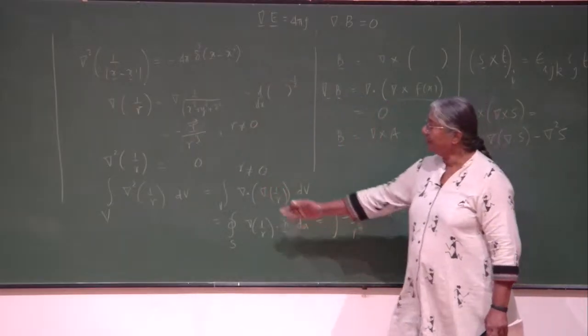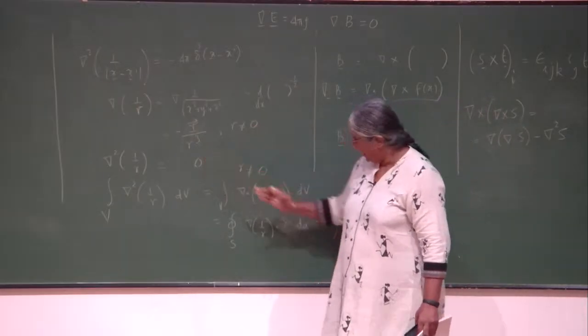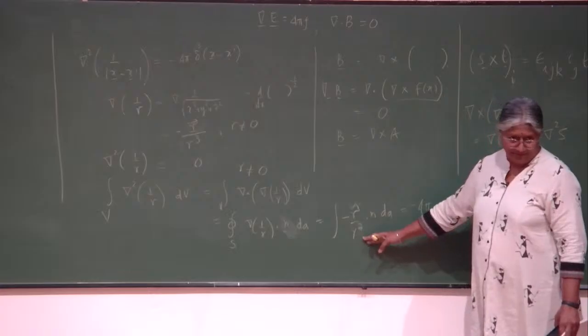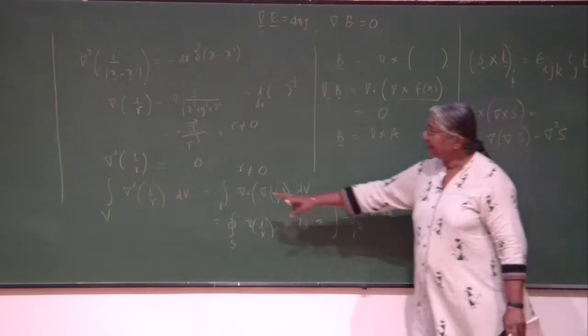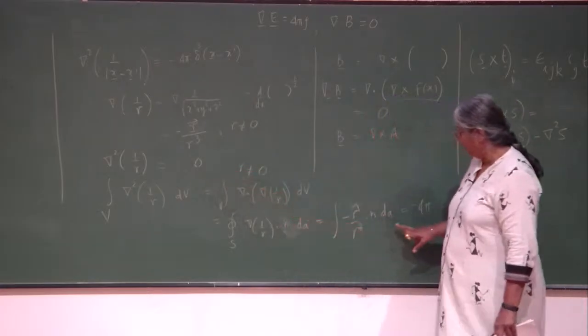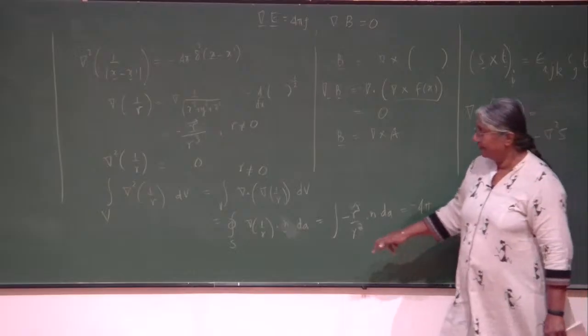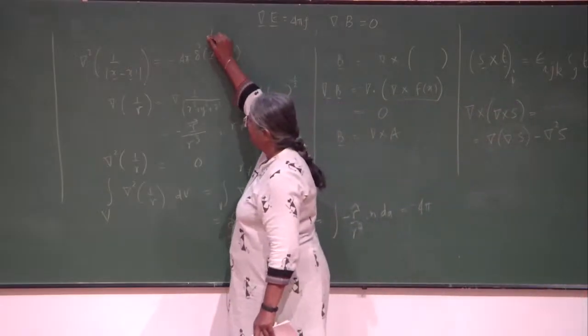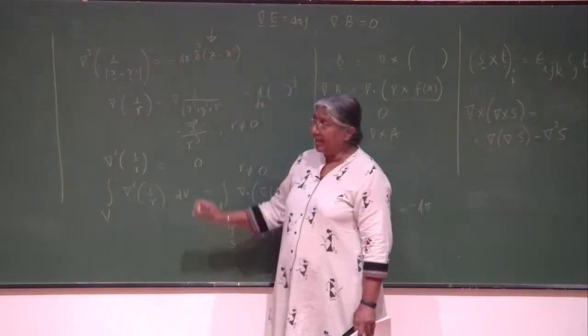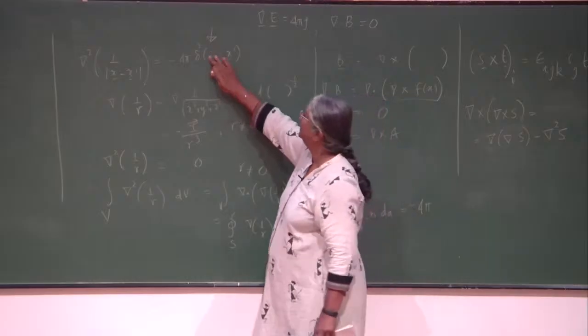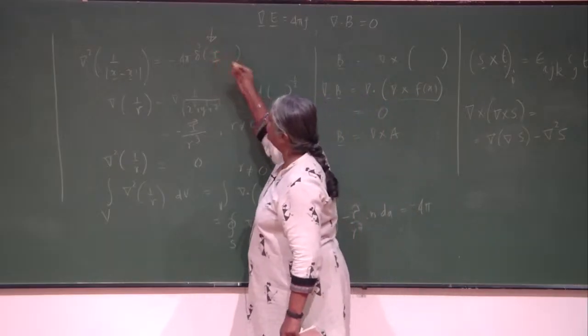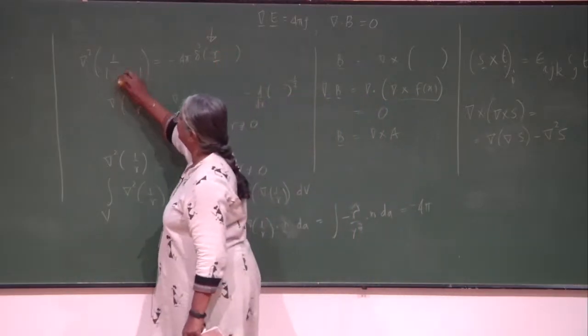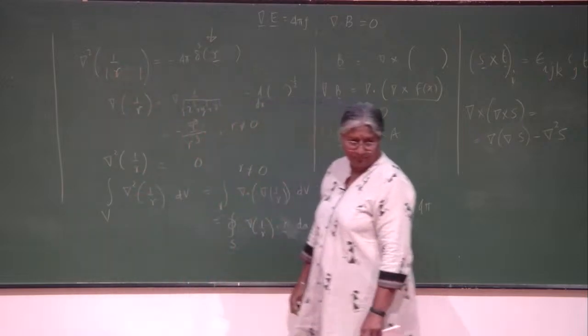So if you want this equation and this equation to be consistent, then the entire non-zero result has to come only from r equal to 0, and therefore you have to put the delta function. So you will read it as delta cubed of r, right? Because I have just done it for r.